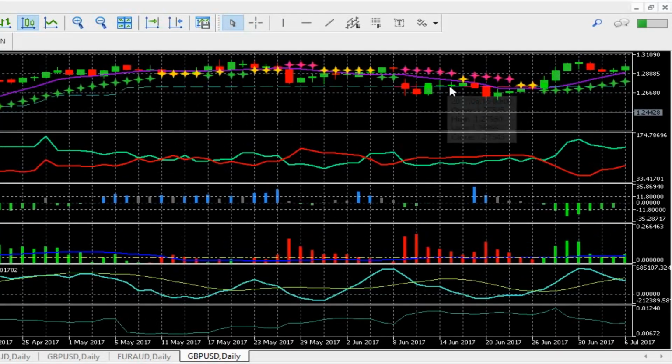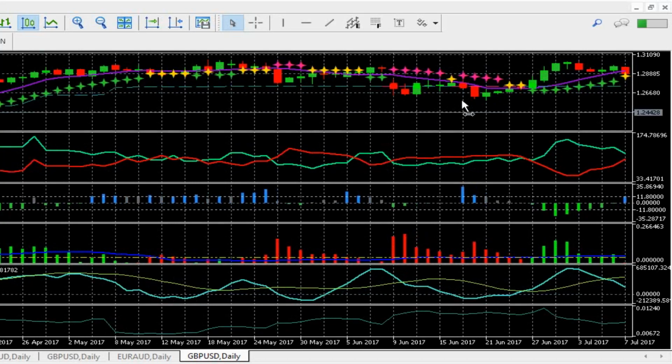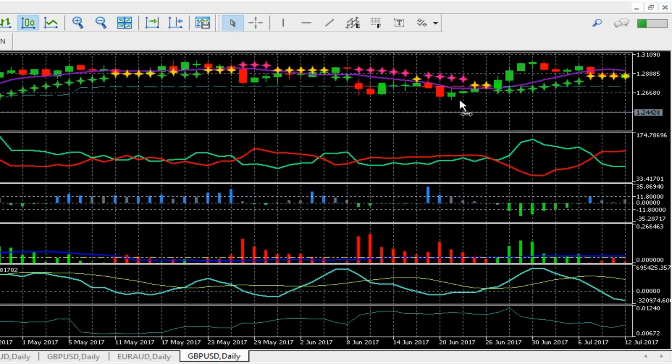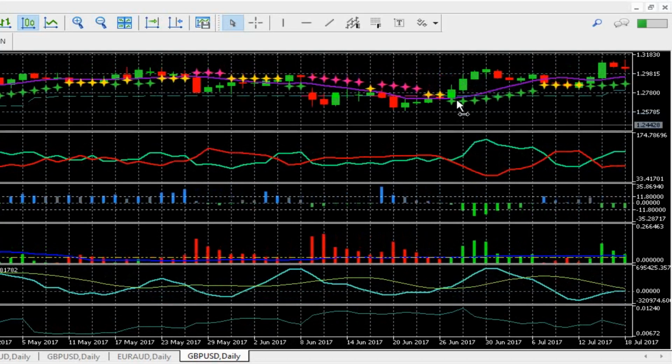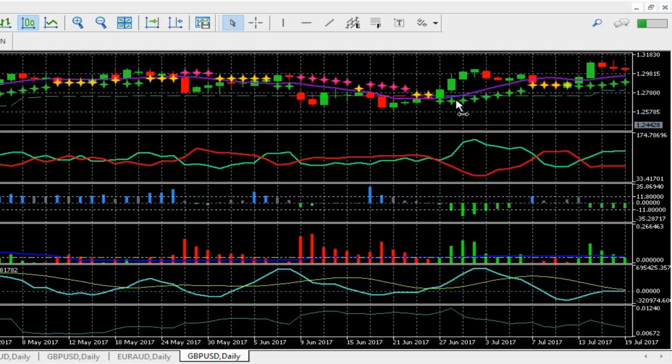Okay, so we're up to the 6th of July 2017, and we're out of the trade. Nothing happening for us at the moment. Bit more volume coming in for the bulls, but still not quite for us yet. Still not.